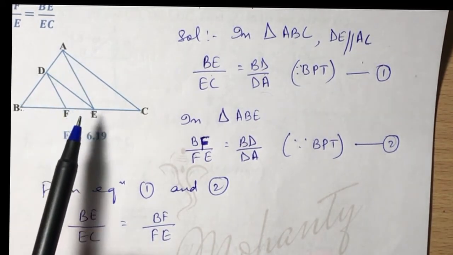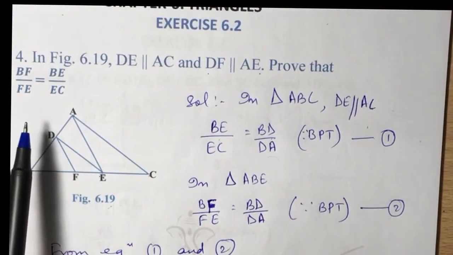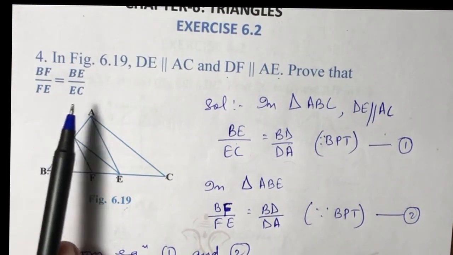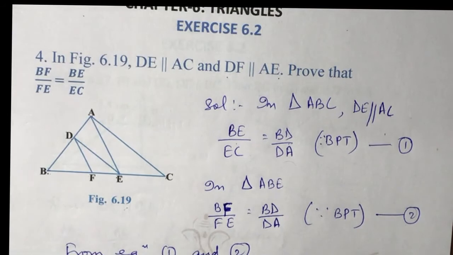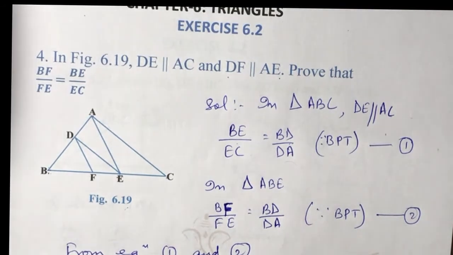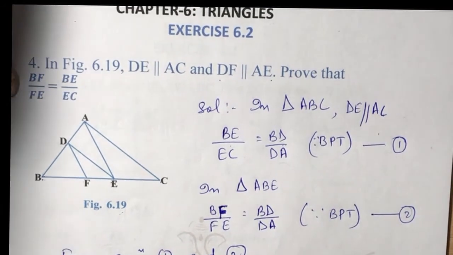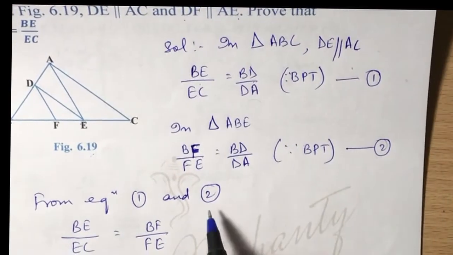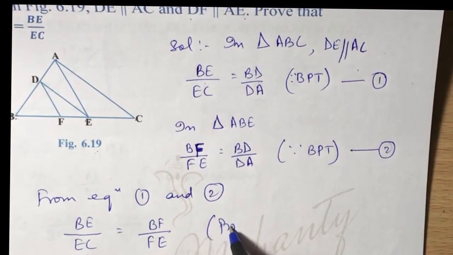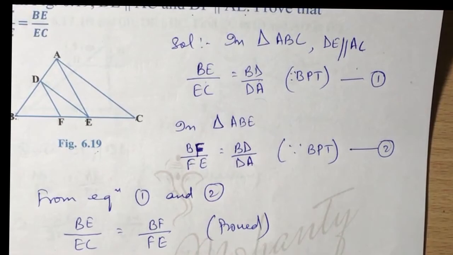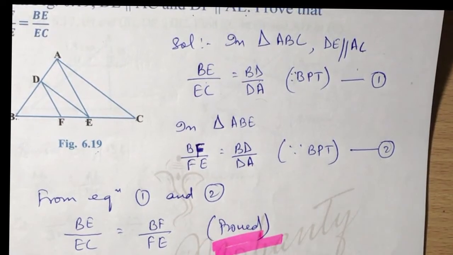See, this is over. What was the question? This was the question, and now we have got this as the answer. Okay, so this is proved. Fine. Okay, now your question number 4 is also over.